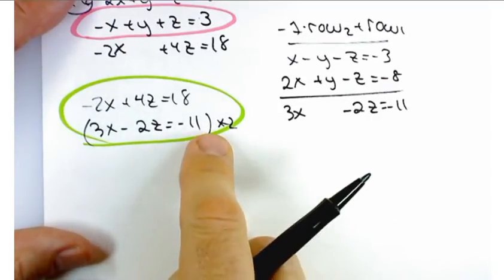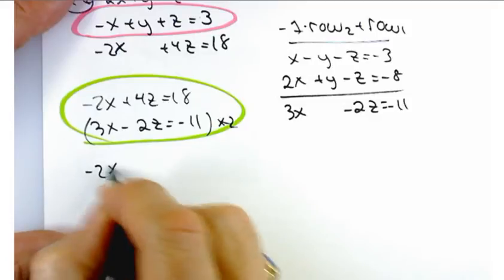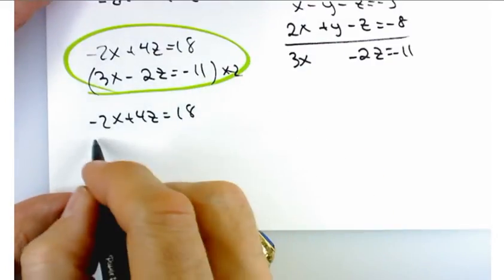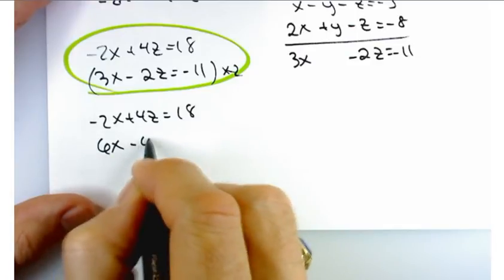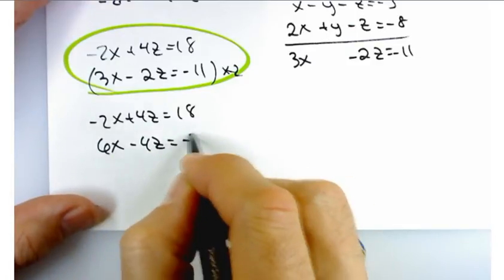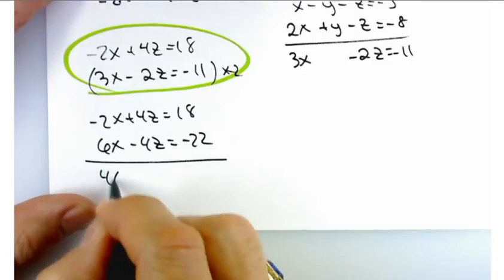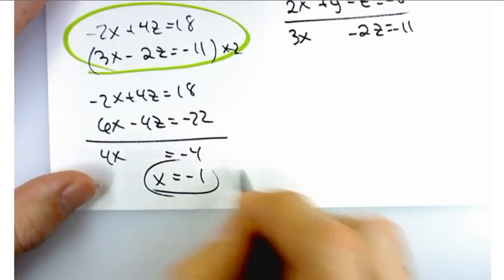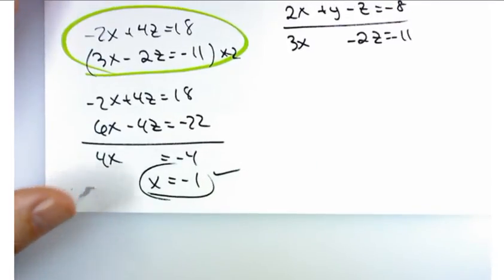And when I do that, I end up with negative 2x plus 4z equals 18. I'm going to add that to 6x minus 4z equals negative 22, for a total of 4x equals negative 4, and x is negative 1. Yay! 1 down, 2 to go.